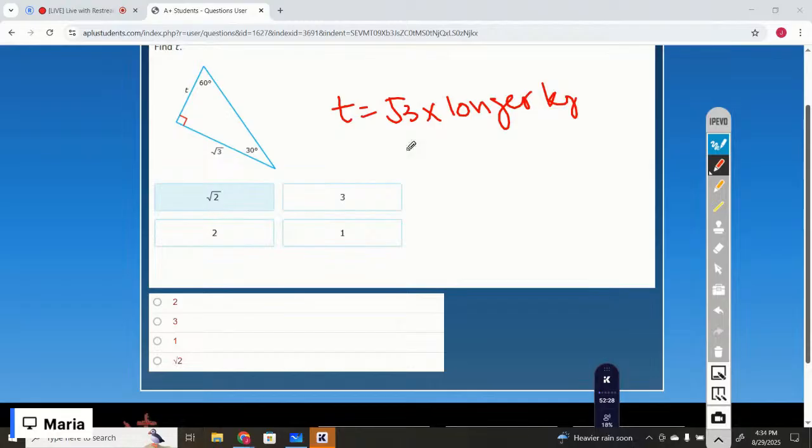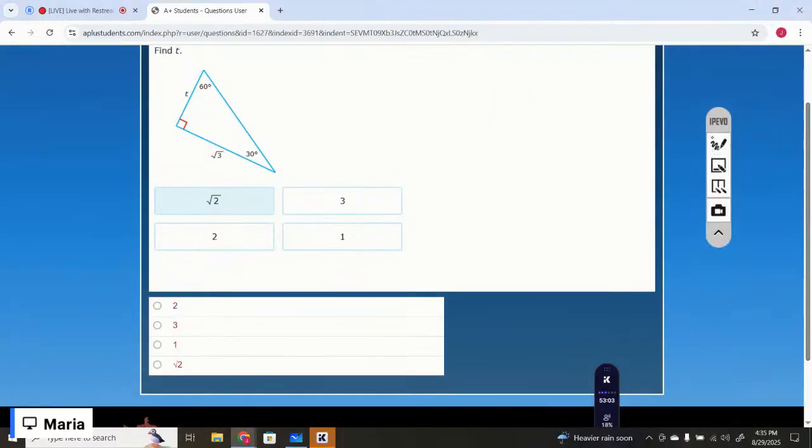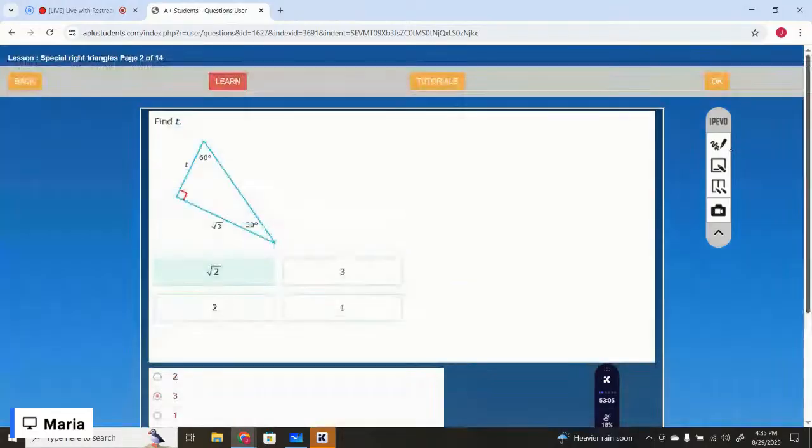So square root 3 times square root 3 is 3. Option number 2 is the correct option.